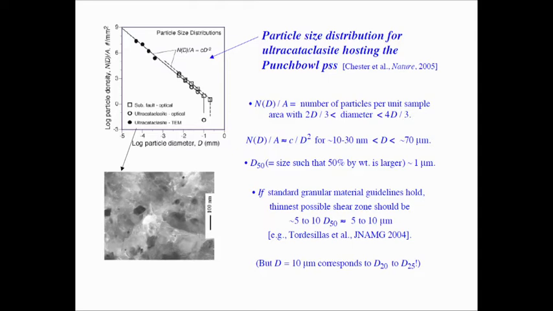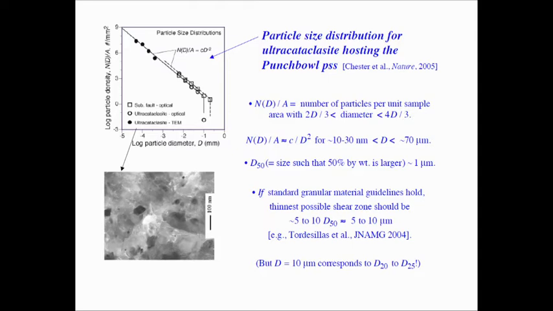Now, the difficulty is that if we try to appeal to classical granular materials ideas, we usually think of shear zones as running from 5 to 10 particle diameters, and it's not clear what should be meant by particle diameter here. My telephone is ringing if you hear music in the background.